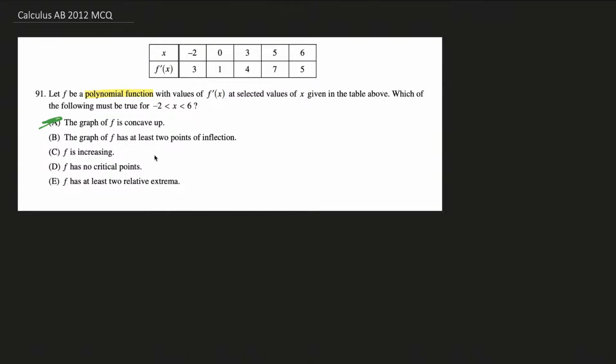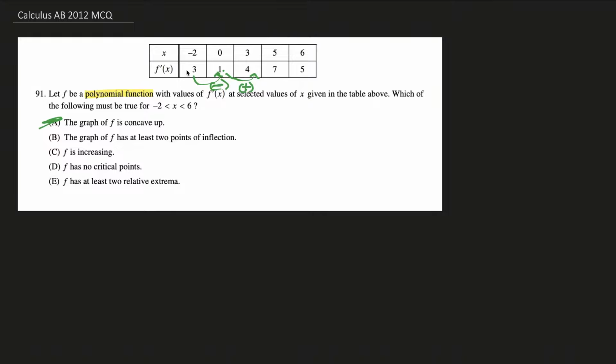B says the graph of f has at least 2 points of inflection. That's possibly true because if we think about the mean value theorem here, there must have been some negative f double prime, but because we went from 1 to 4, we must have increased, which means there must have been some positive slope involved. So there must have been a positive f double prime.